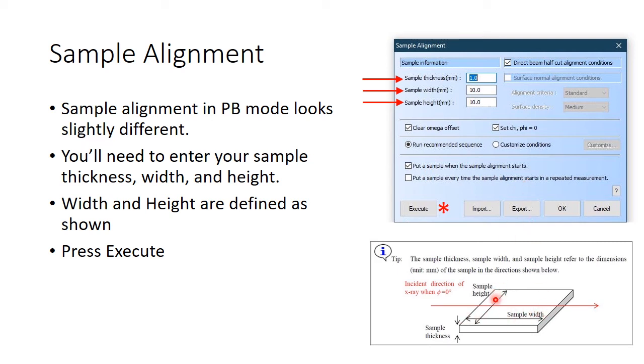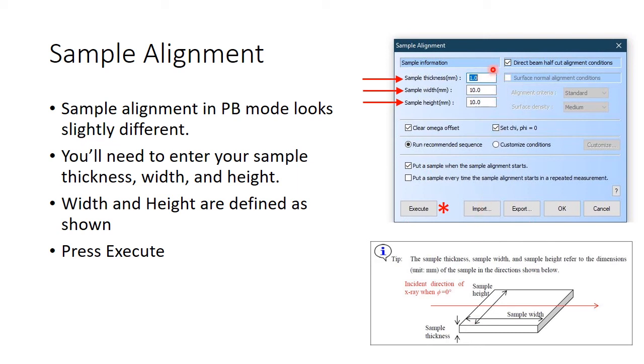Now this is important because if your sample height is small, for example, the software may tell you to put in a slit that will limit the beam in this direction. So for example, you don't want to have a very small sample and then have the beam irradiate a very large area. You may collect data from spots other than your sample in that case.